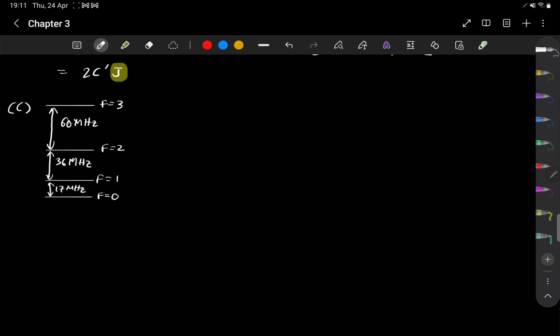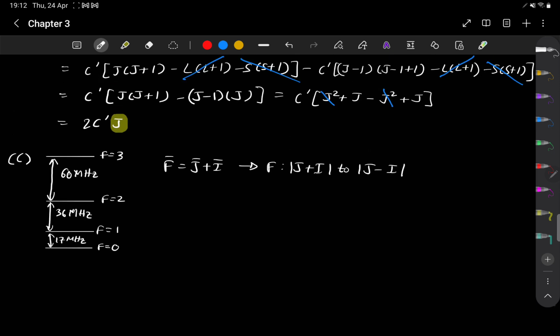You multiply it with h and then you will get the energy splitting. So this is the hyperfine structure. And we know F is J plus I. So F can take values from J plus I, mod of J plus I, to mod of J minus I in step size of integer.